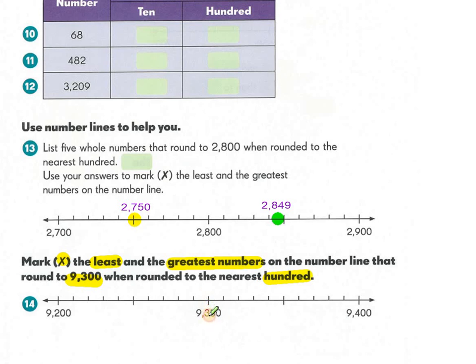So this is your target right there. What's the smallest number that can round up to 9,300, and what's the biggest number that will round down to 9,300? Okay, press pause, do your work. When you're ready, press play, and you'll see the answer.